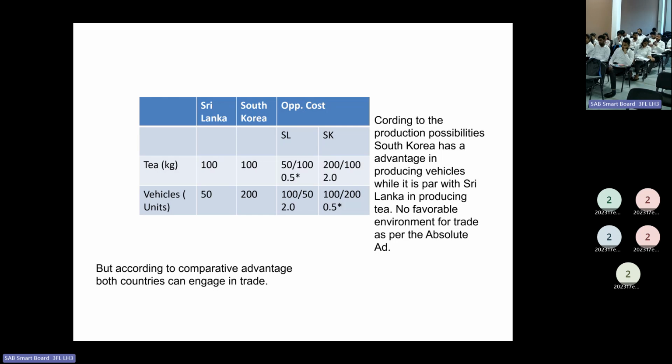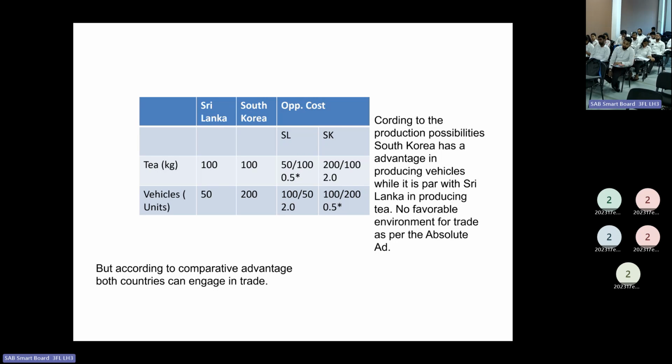When it comes to South Korea, it's 2, and the opportunity cost of tea in terms of vehicles. The opportunity cost of vehicles in terms of tea for South Korea is 0.5. We take the lower opportunity cost.